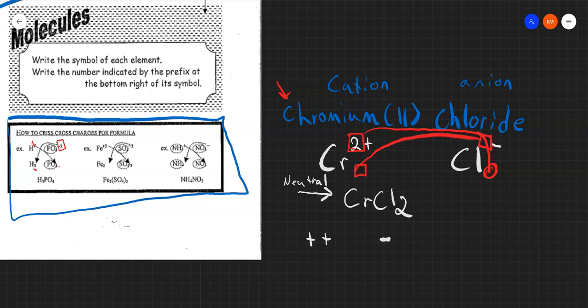So in order for this to be neutral, my Cl is only 1 minus. I need another minus. And so I double up on the chlorine. So Cr is just these two here, but I need 2 Cls to get the 2 minuses to even it out. And that's where we get the CrCl2. Okay, so our charges have to be balanced.